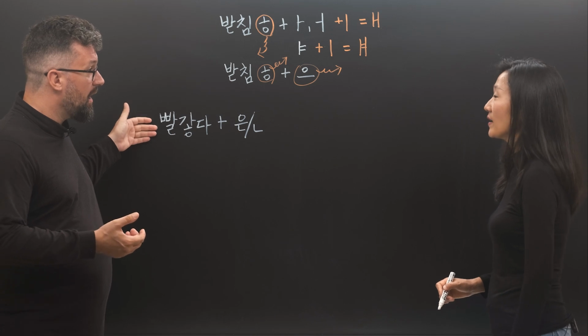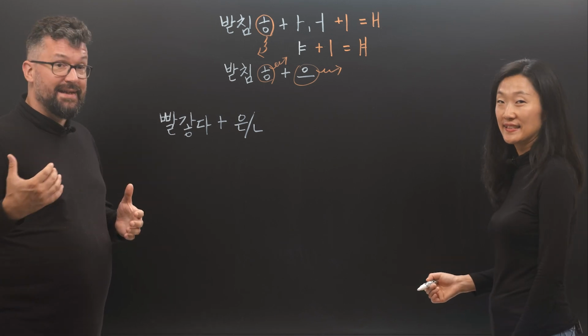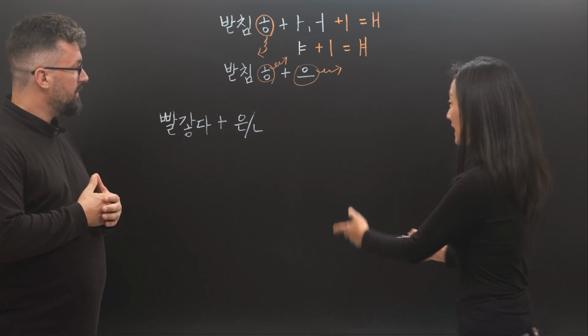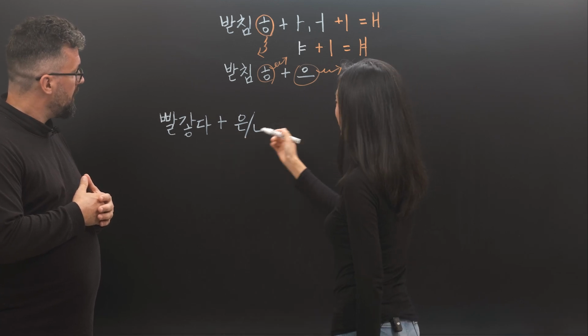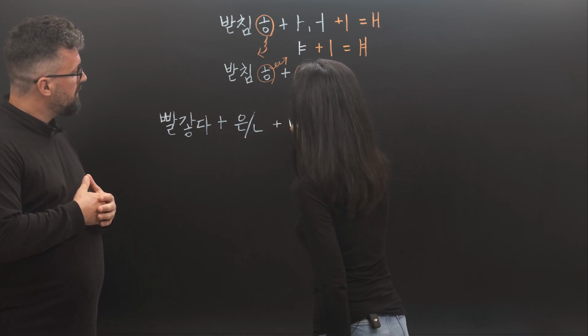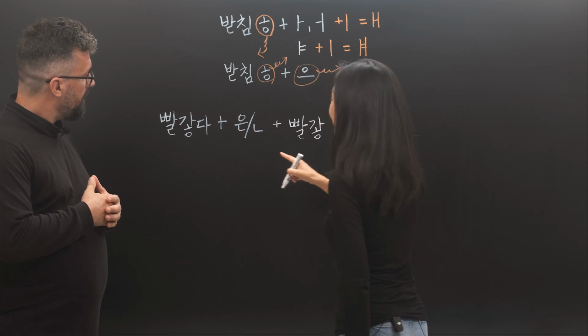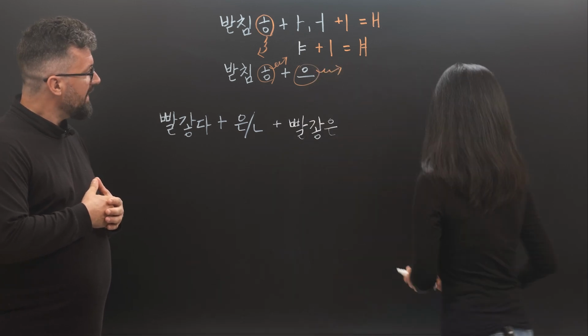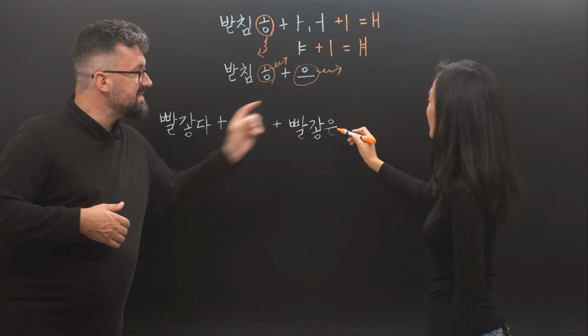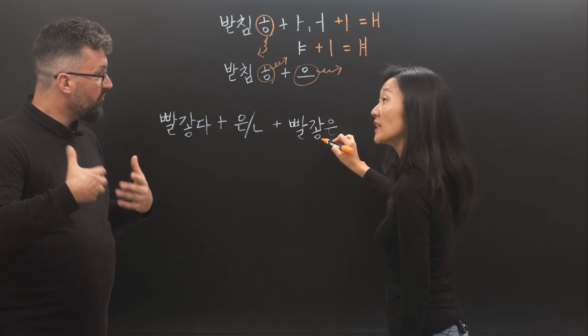Red is 빨갛다. 빨갛다 has a 받침, right? Then we add 은 or ㄴ. Which one? 은. We add ㄴ, and now ㅎ meets ㄴ, then we remove ㅎ.